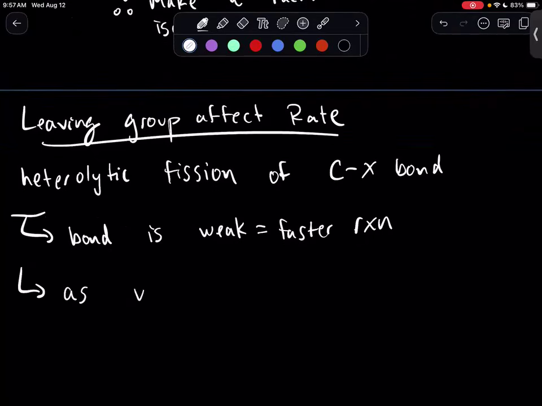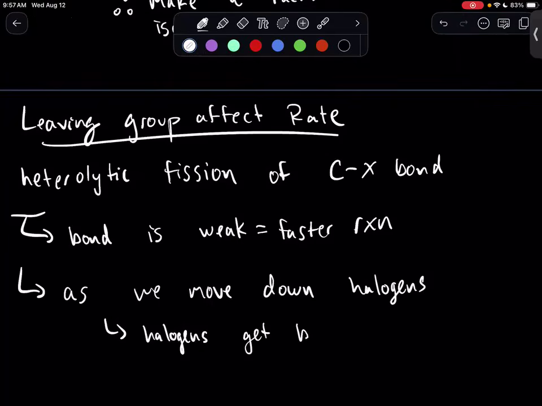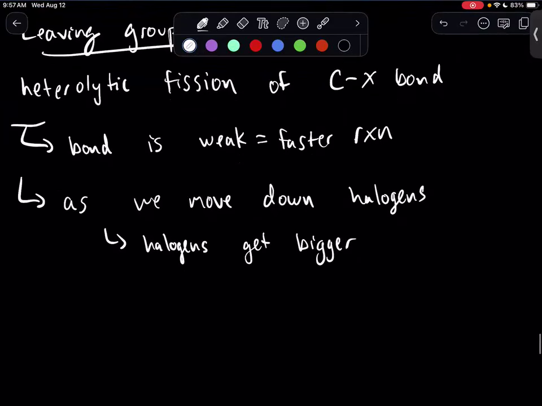So as we move down the halogen group, a couple things happen. First, the halogens get bigger. And because those halogens are getting bigger, therefore two things happen. Therefore, the bond length is larger.